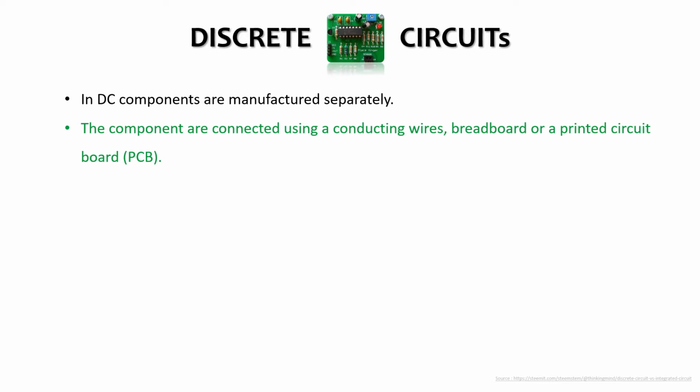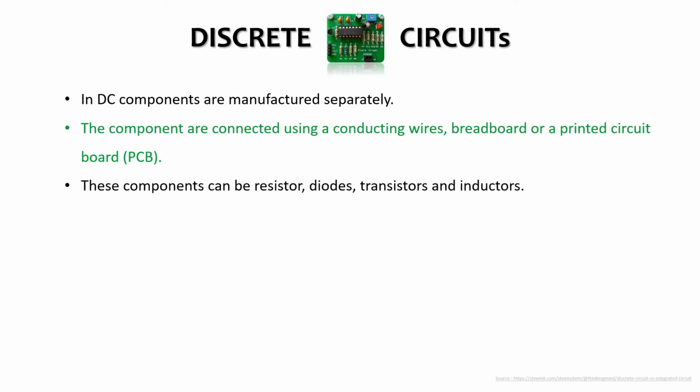These components can be resistors, diodes, transistors, and inductors. We are not going into the detail of these terms because this is the physics and electronics part, but if you want to read about this, you can Google it.